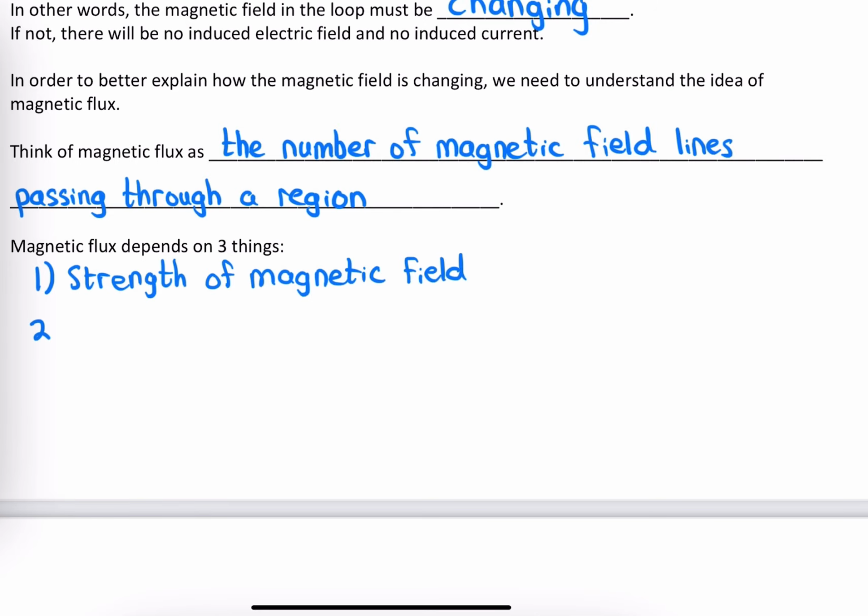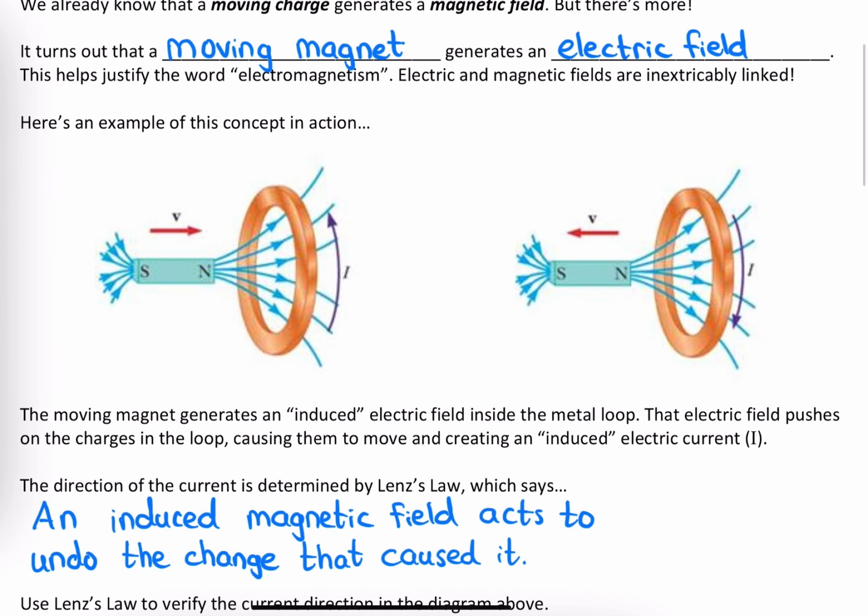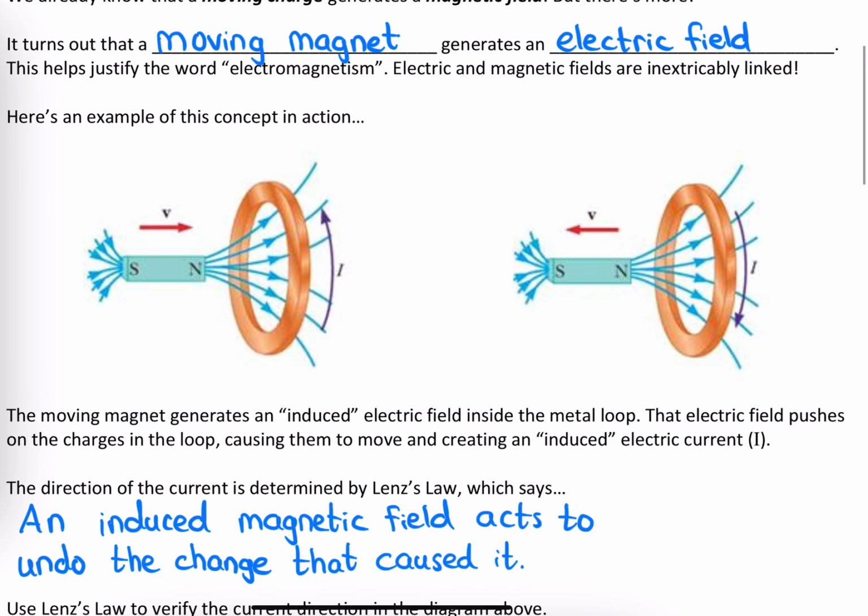Now, the second thing that affects magnetic flux has to do with the loop itself. Let's say I want fewer of my magnetic field lines to go through this loop. Well, I could replace the loop with a much smaller loop. Let's say I replace it with a loop that's this size. Now I would only have 3 magnetic field lines going through there, so I would have less flux.